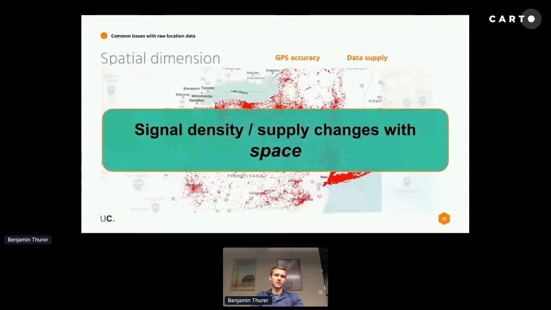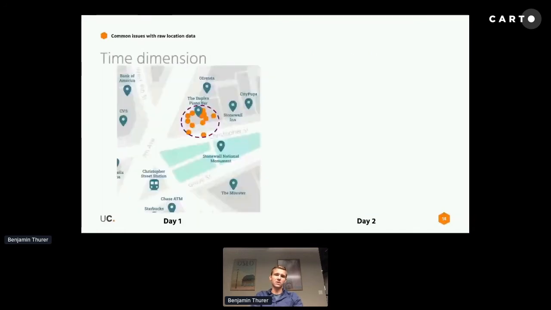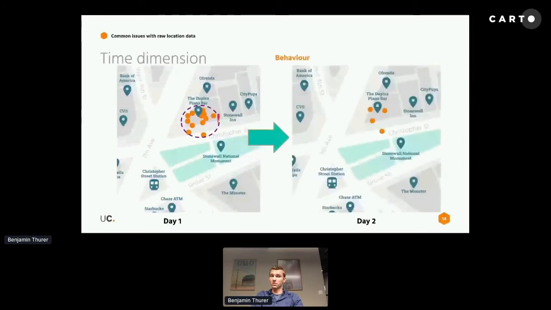Let's inspect this in the time domain. And we have similar issues here. So if we inspect the piano bar again, it could be that on day one, it looks like this, but on day two, it looks like this with the same behavioral truth. The reason it looks like this could be that people just left their phone at home, or they're not using their phone in the bar, or some other reasons. So even from day one to day two, we will see differences.